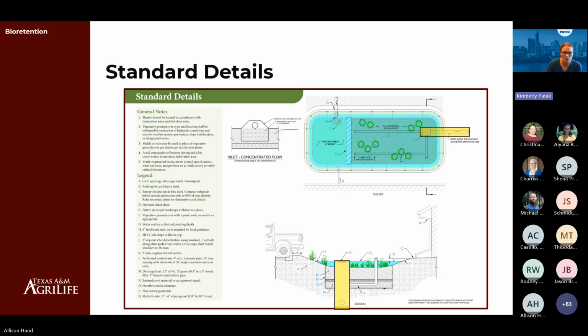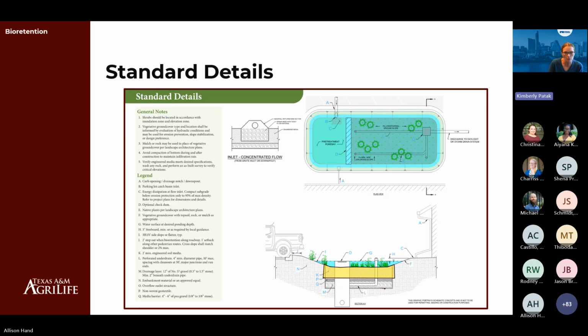Okay. If you've got an underdrain system, there are several layers to your soil media. The first one being your engineered media. Sheena went into detail of the components of an engineered media, but typically the depth of the media is anywhere from 2 to 4 feet, depending on your landscaping plan.